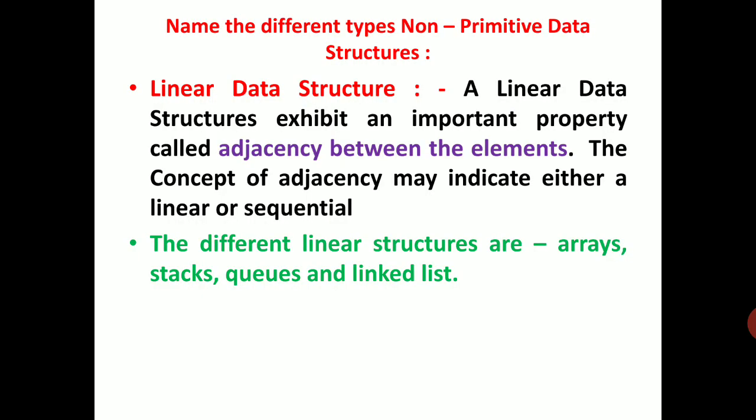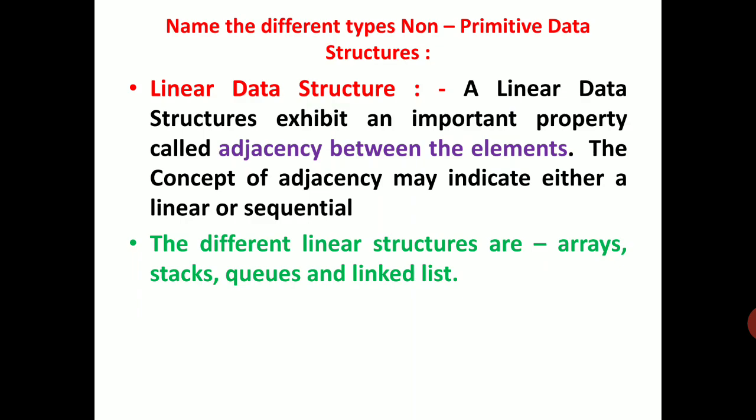Now let me proceed to the next concept. But before we go to the next concept, let's understand this. Basically, data structures are classified into two types. The first is primitive data structures, the second is non-primitive data structures. Primitive data structures are readily available to the user.